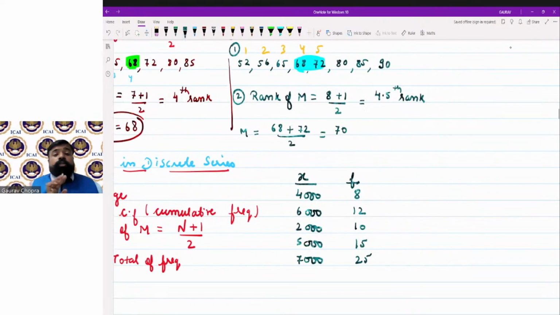So this data is given. Now, first of all, see whether this data is arranged or not. Clearly it is not arranged. So what do we have to arrange? We have to arrange X or we have to arrange F. Always do the arrangement according to the variable, that is X. So let us arrange this X.